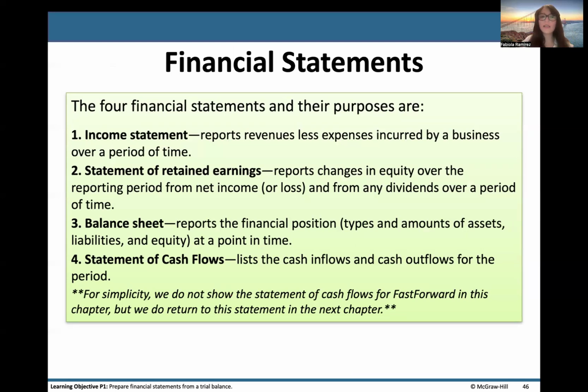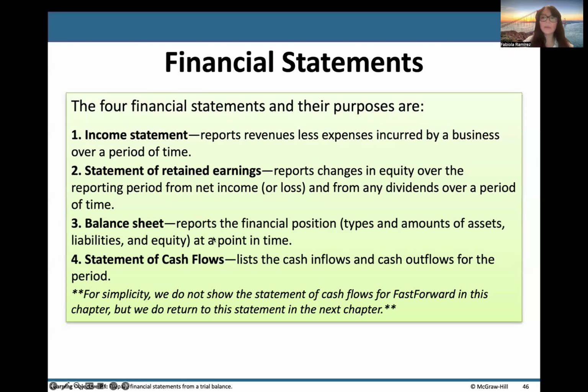The first would be the income statement. The income statement reports revenues less expenses over a period of time. It's also called a profit and loss. It gives you your net income. You have something called the statement of retained earnings that reports changes in equity over the reporting period from net income or loss and from any dividends over a period of time.